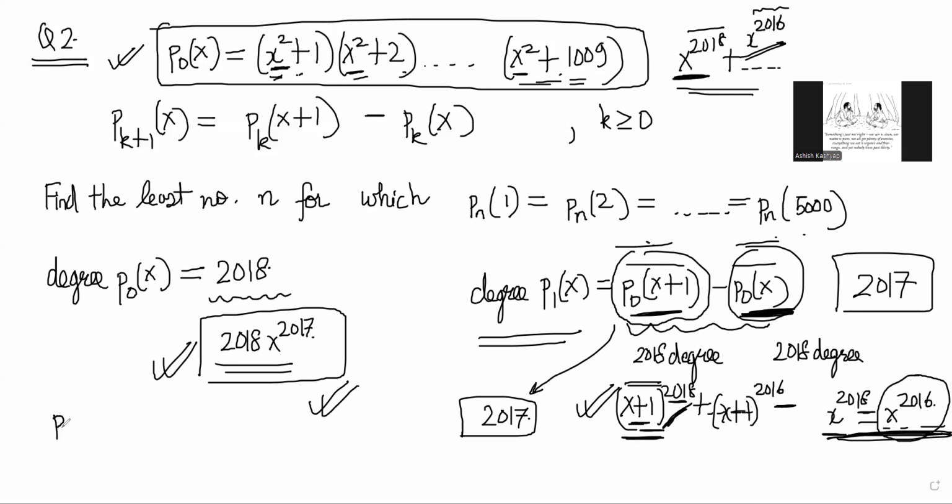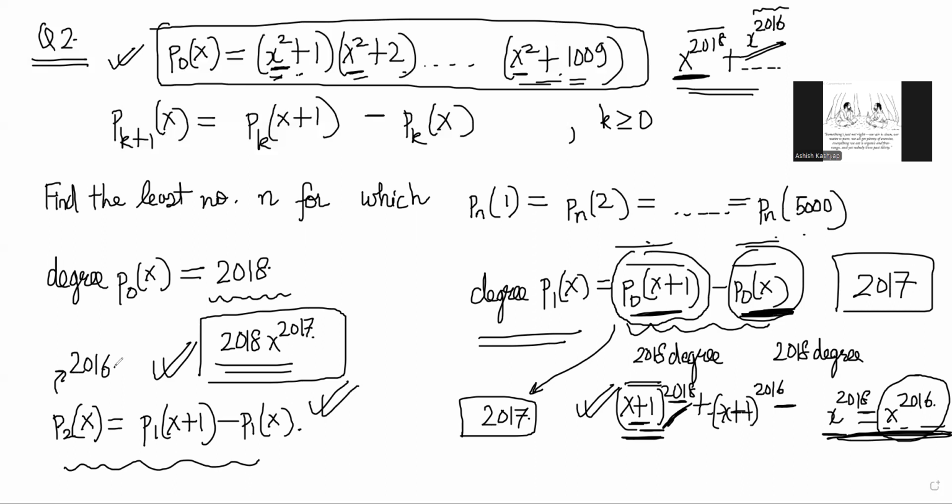So this pattern is going to be followed. For example, you can now think about P2 of x also. It will be P1 of (x plus 1) minus P1 of x, right? When you think about it, you will realize that this will have degree 2016. When we had P1 of x, we had degree 2017. When we had P0 of x, we had degree 2018, right? There is a nice pattern that the degree of Pk of x will be 2018 minus k.